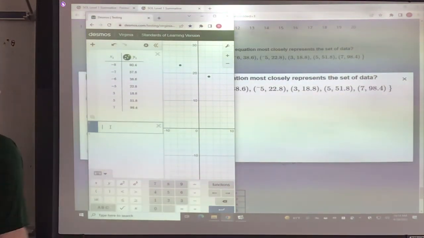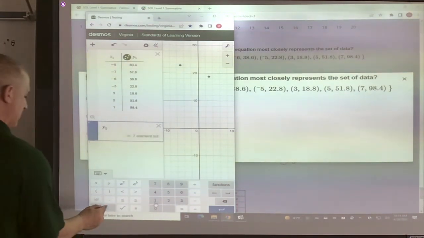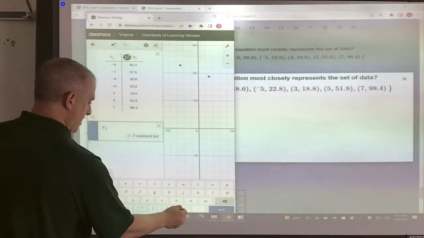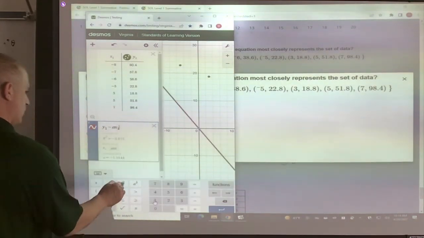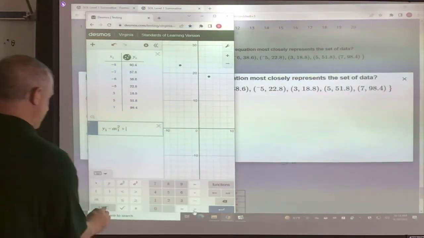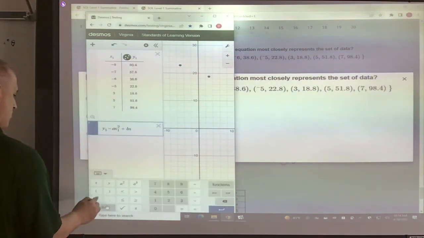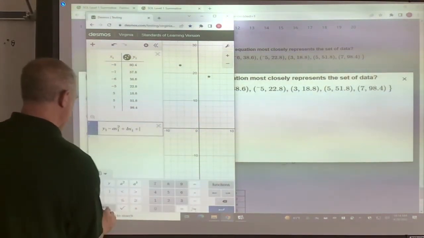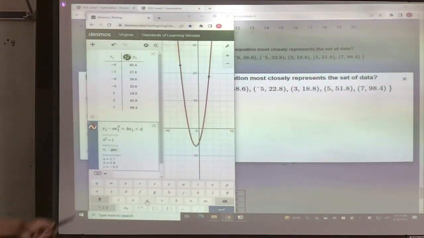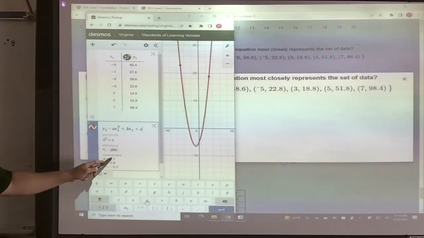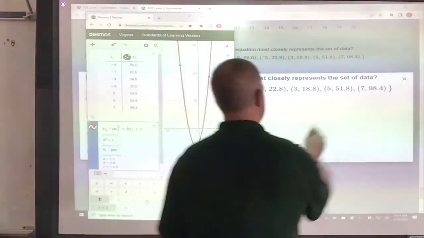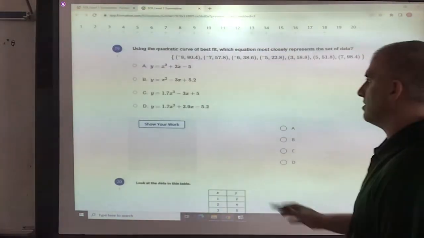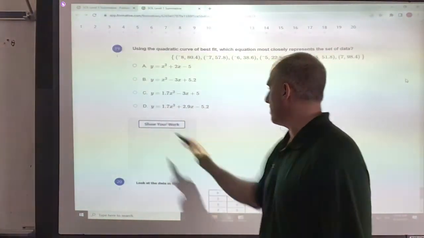Now my equation, and you have this in the chart, would be y1, ABC button, little squiggle line here. A, x1 squared plus b, x1 plus c. Now, they're telling me that the number in front of x squared is 1.7. Next number is 2.9. Last number is negative 5.2. So the closest answer to that would be letter D.